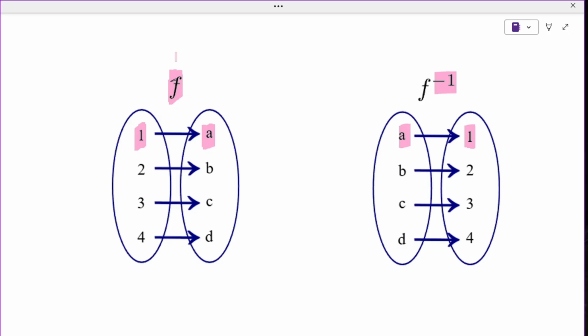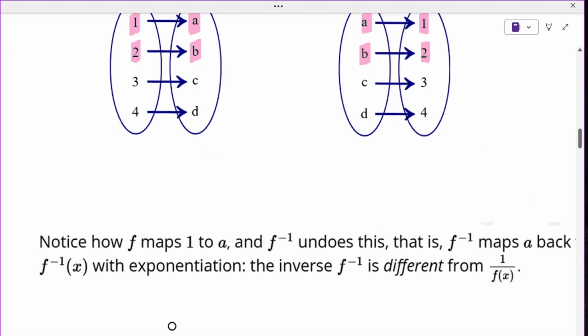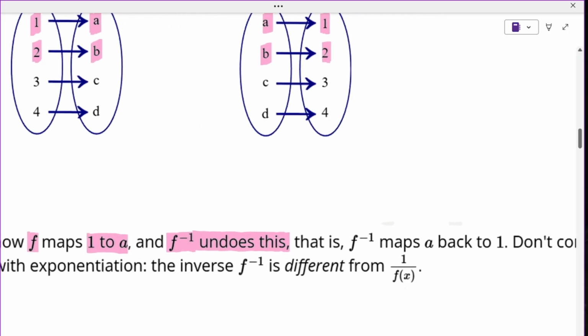So it's the undoing of the function f, right? You have 2 that matches to b, and you have b that matches to 2 in the inverse. Notice how f maps 1 to a, and the inverse of f undoes this. That is, the inverse of f maps a back to 1.